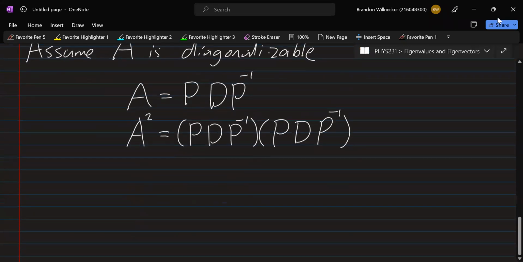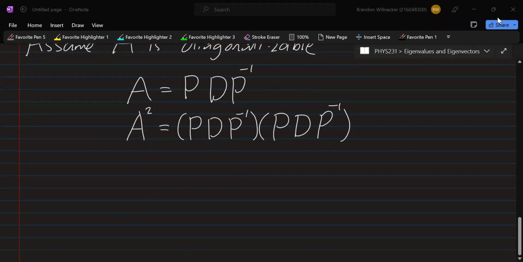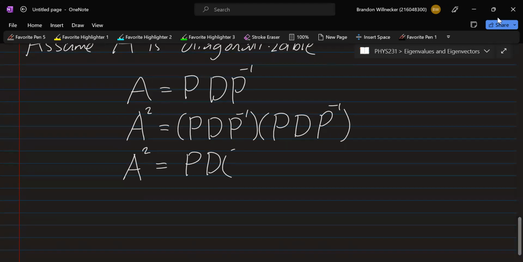Now, matrix multiplication is associative, so these brackets can be moved around. So let's do that. So A squared is going to be PD, open bracket, P inverse times P, close bracket, DP inverse. But P inverse P is the identity.